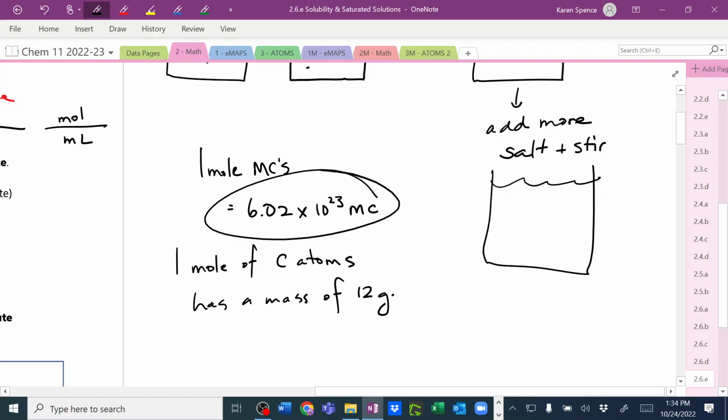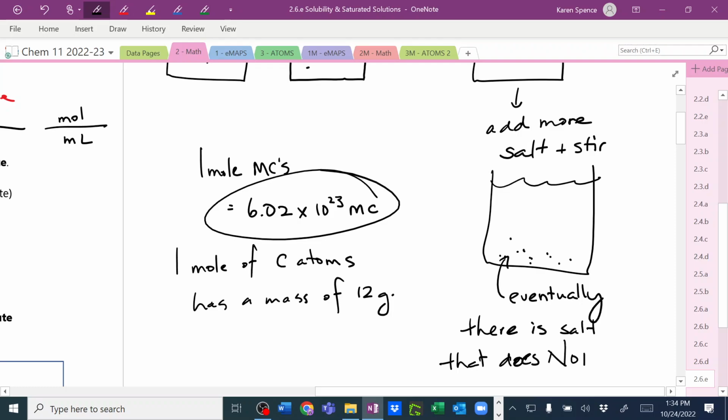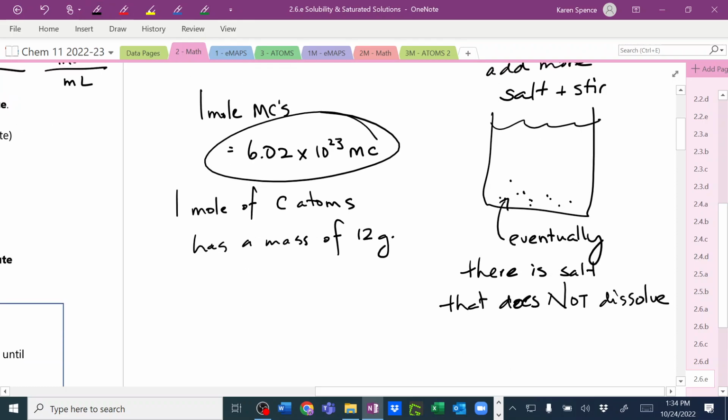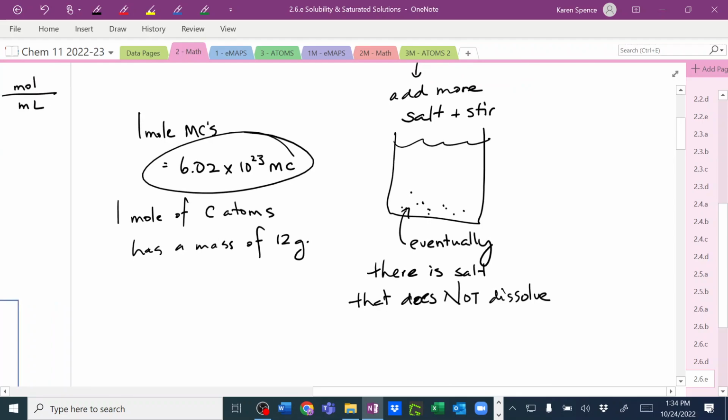What will I see eventually? Eventually, I'll see stuff that does not dissolve, right? Is this ringing bells? Yeah.